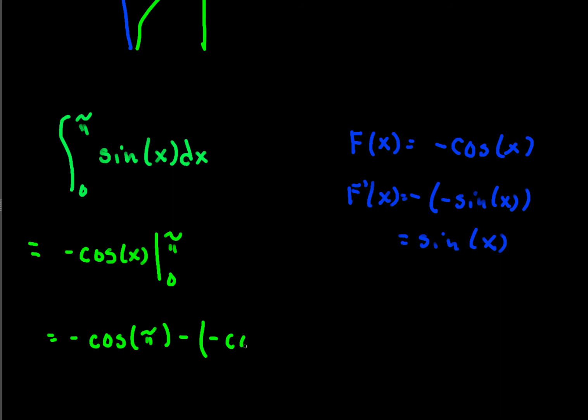negative cosine of 0. And now just let me point out here, because this is too common of a mistake I see in students, the fundamental theorem says we've got to take the difference of the antiderivative evaluated between the bounds. And too often, especially if there's a negative involved, students will drop it and we would get the wrong answer.